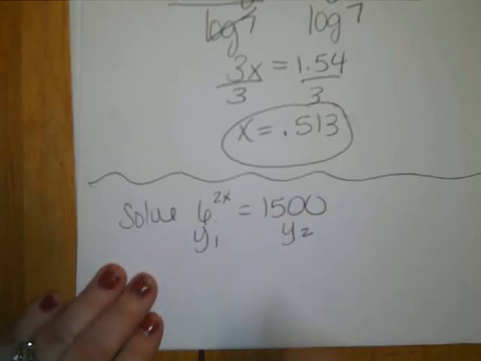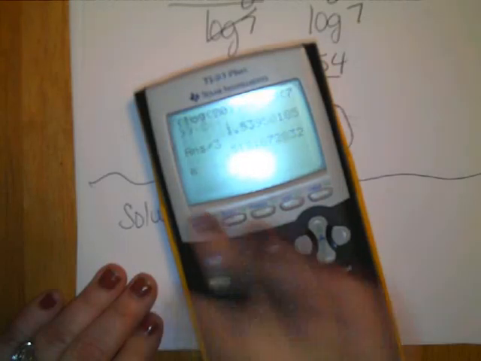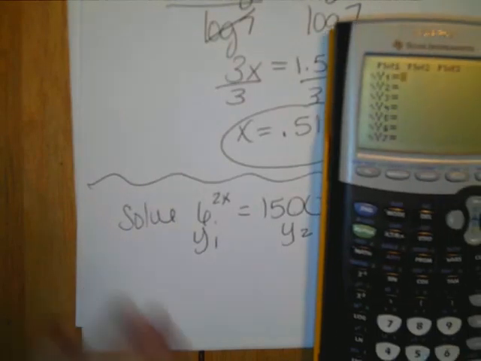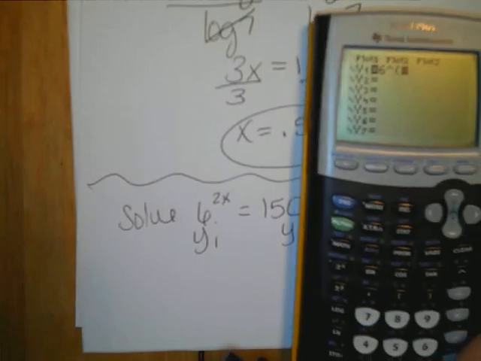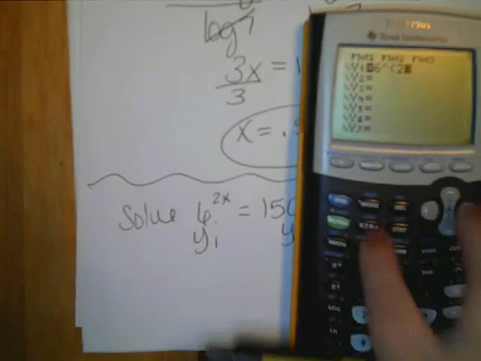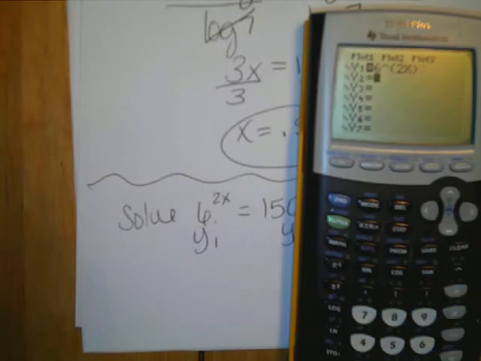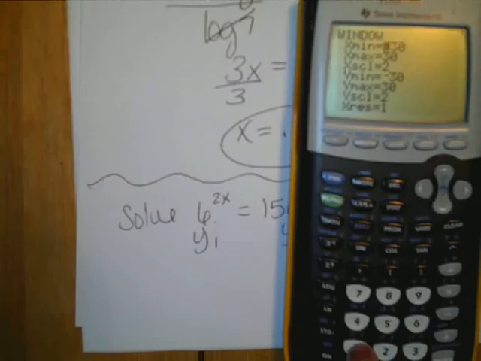So if I go into y equals and clear it out, I can say y1 is 6 to the parenthesis 2x, and then y2 is 1500. But I've got to make sure my windows go clear up to 1500.